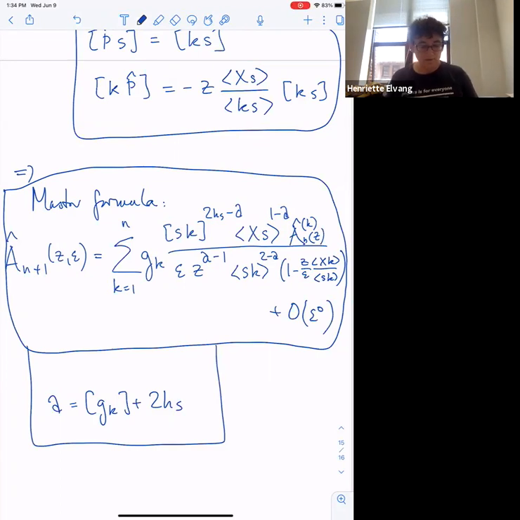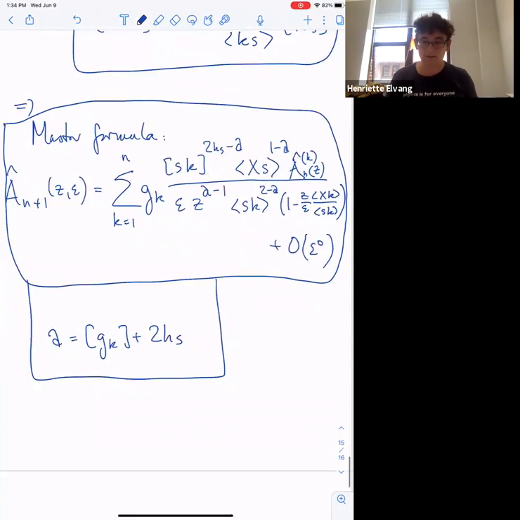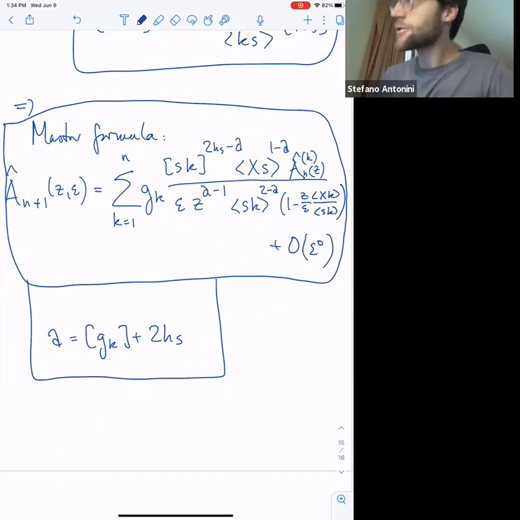Okay, the first thing that you see in this formula is something that is a little curious. Namely, and actually maybe I should just pause for a second to see if anybody has questions. I have a question. Yes, Stefano. That z parameter that we introduced seems to not be a physical parameter, right?